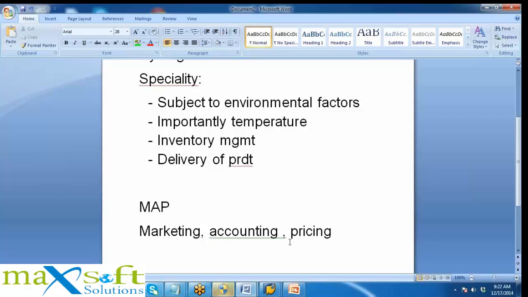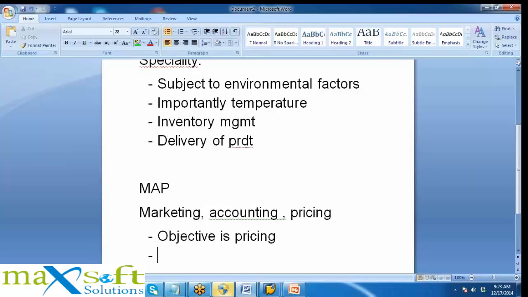Though the name says it is marketing, accounting, pricing, the main objective of this one is pricing. And what is the specialty in this pricing?